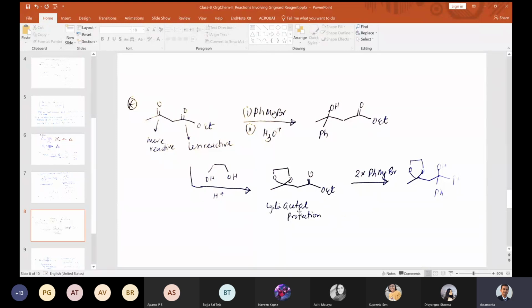This is not acetal, this would be ketal. This is a cyclic ketal for protection because this is a ketone. From aldehyde you get acetal, from ketone you get ketal. Then if you use 2 equivalents of phenyl magnesium bromide, 1 equivalent will attack here to form the ketone, and the second equivalent will form the tertiary alcohol. Then you acidify it, and you can remove this ketal protection.